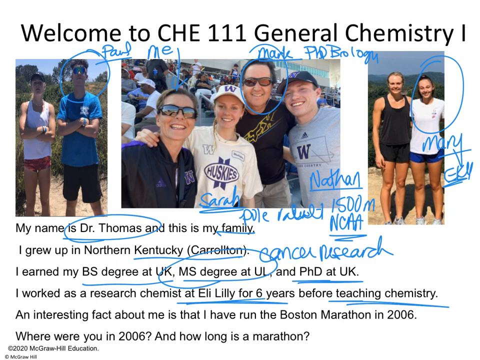And so in order to teach organic chemistry and chemistry in college, I had to go get that PhD. I like learning, so when Sarah was little, I was working on my PhD at the University of Kentucky. So I've been teaching chemistry in college for maybe 8 years. Something interesting about me, I ran the Boston Marathon in 2006.